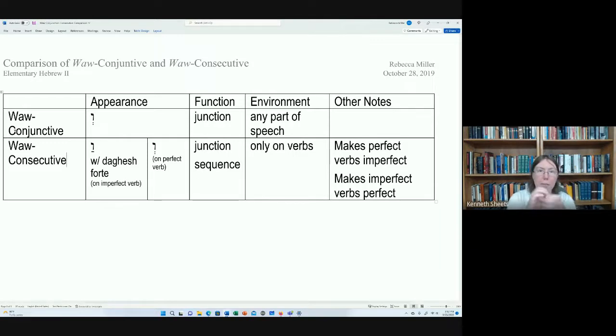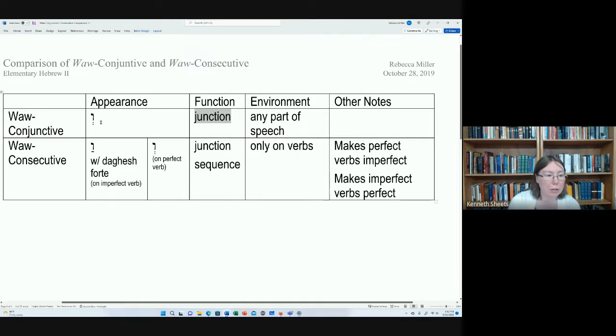Remember, conjunctions are basically words that join together two equal grammatical elements. And that is exactly what a wow conjunctive does. It just joins together two equal grammatical elements. And so thus, as I've indicated here, it has a tendency to indicate just simple conjunction.